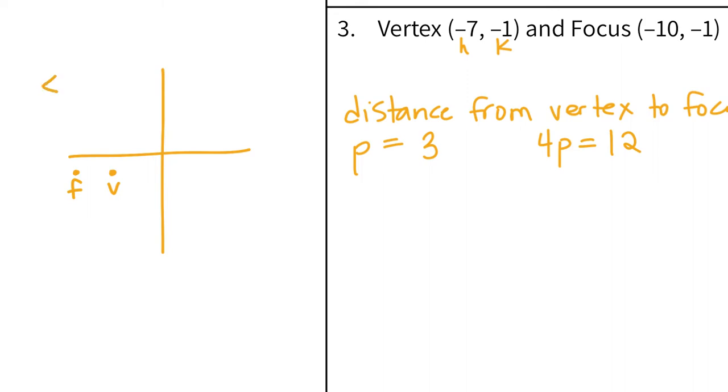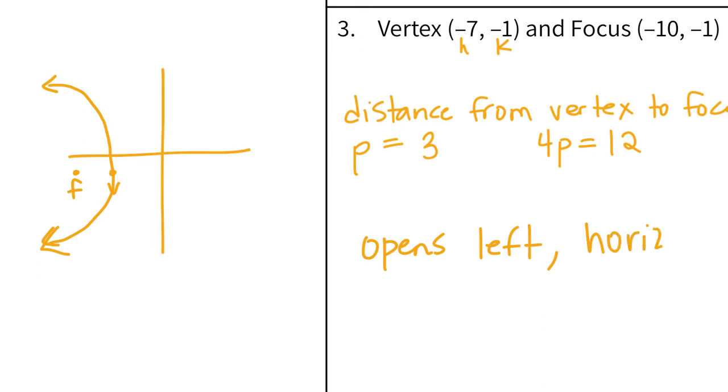So that means that my parabola has to be opening this way because the focus has to be inside of it. So just from the picture right there, it is opening to the left.